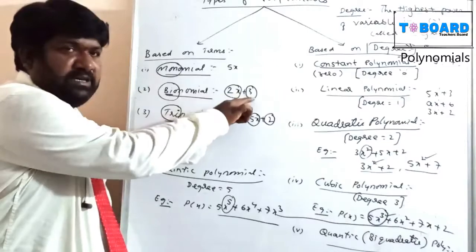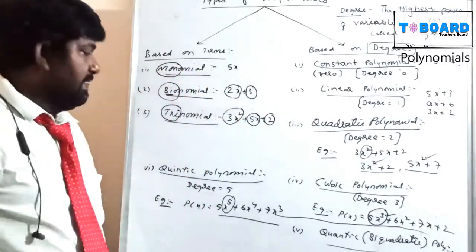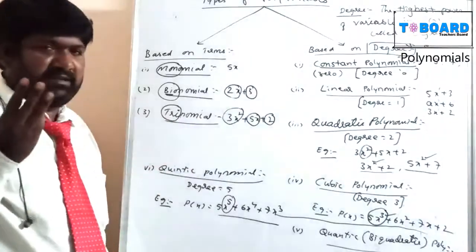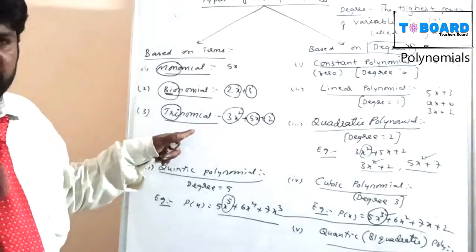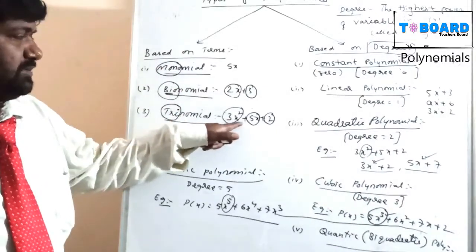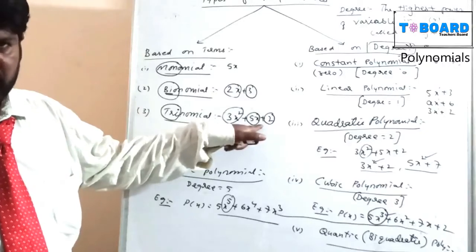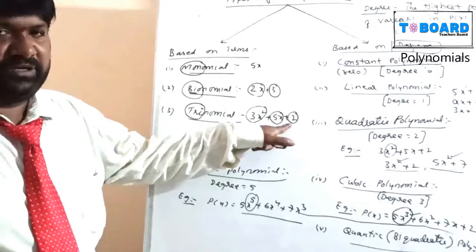Example: 2x plus 3. Here 2x is the first term and 3 is the second term. Next, trinomial, tri meaning three: a polynomial with three terms is called a trinomial. Example: 3x square plus 5x plus 2. Here 3x square is the first term, 5x is the second term, and 2 is the third term.